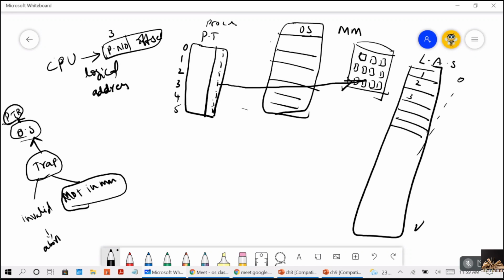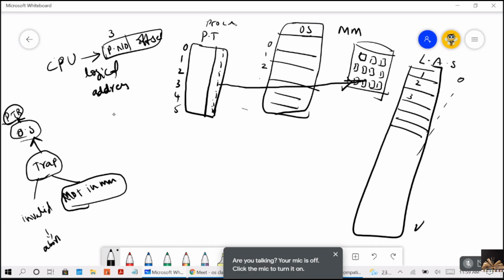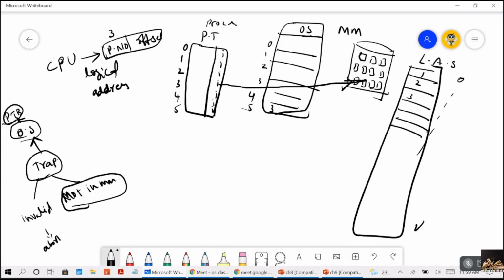So main memory lo manam 0 1 2 3 4 5 anukunte, I am loading my third page in frame 5 lo pedutunna. You are getting me guys? I am loading it in frame 5.